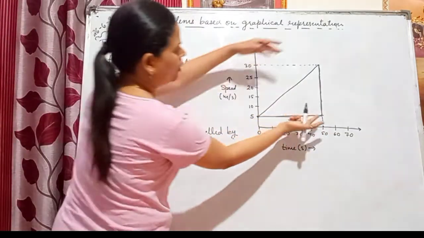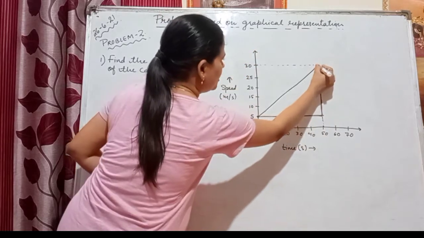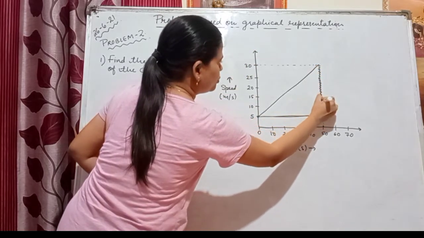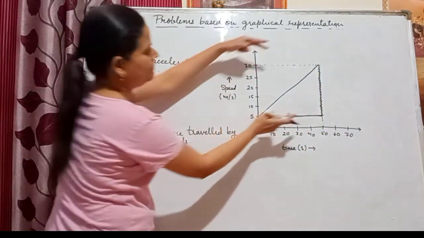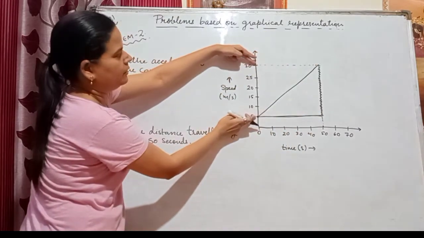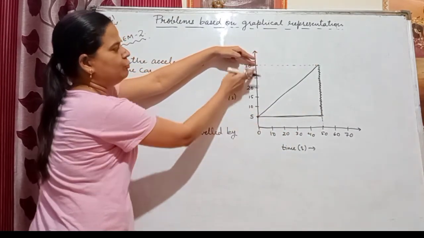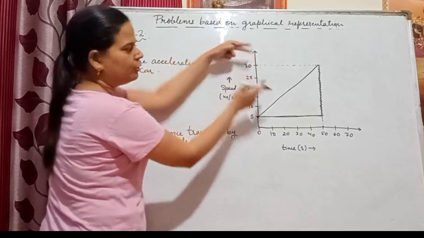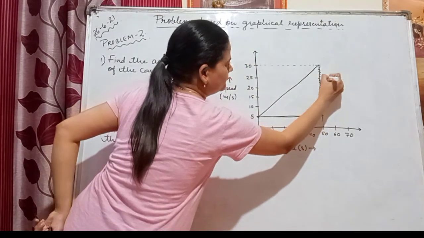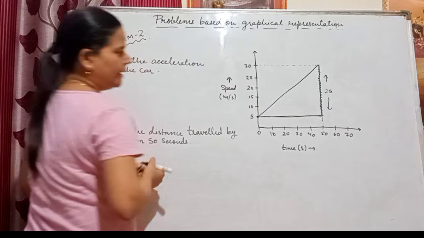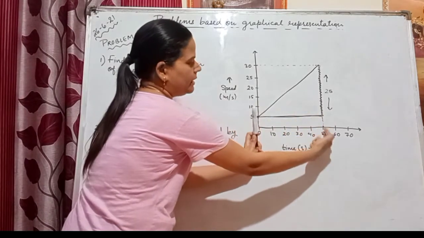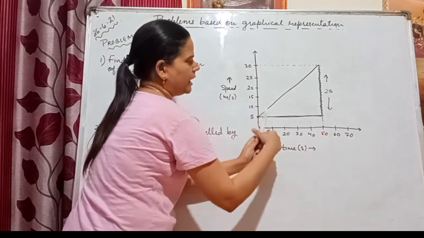So what will be the measurement of this portion? The measurement will be in between 5 to 30, so it will be 25. And the measurement of this will be 0 to 50, so that means 50 itself.